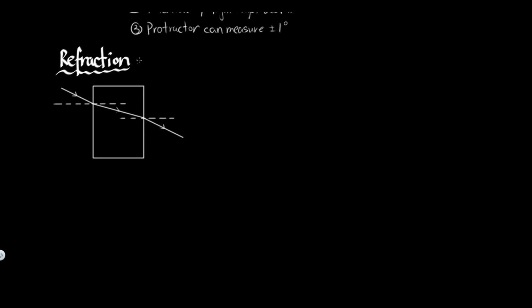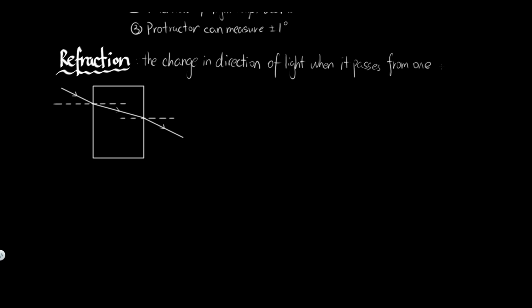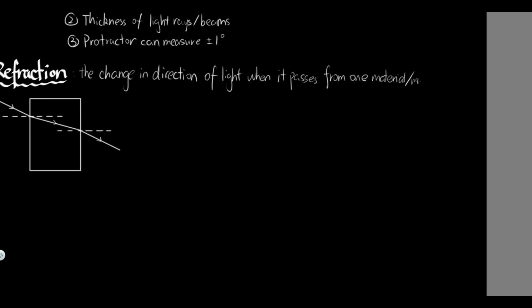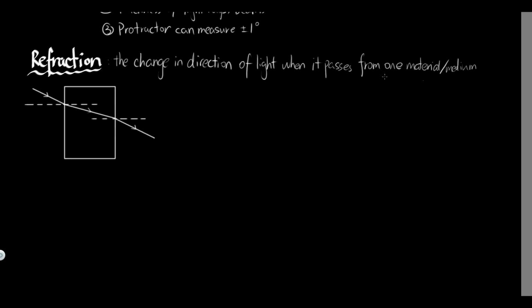So, first of all, starting with the definition of refraction, we know that refraction is the change in direction of light when it passes from one material slash medium, whichever you prefer, to another.